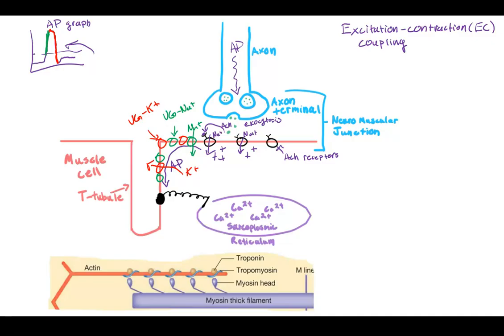Okay, so we have action potentials traveling down the length of the cell membrane, and it's eventually going to dip into the T-tubule. The T-tubule has one really important protein on it. This protein is called the DHP receptor. This is a voltage-gated channel, so it opens in response to this wave of depolarization, right?